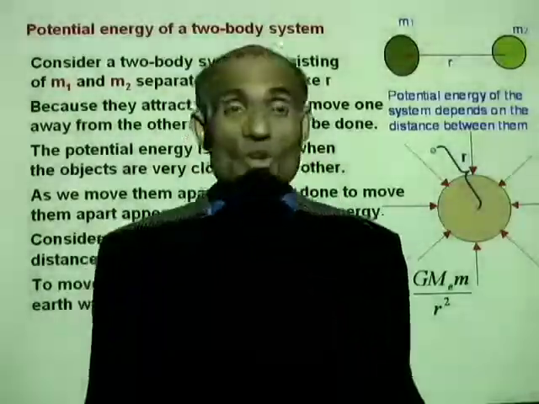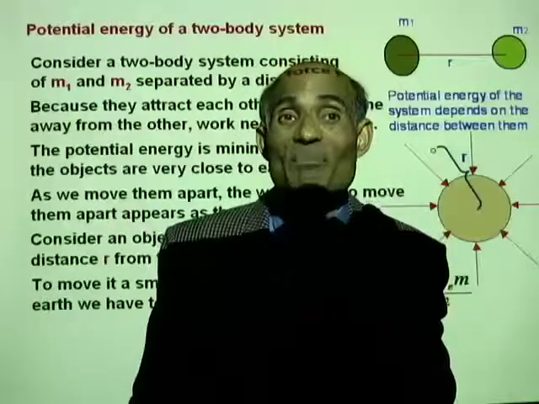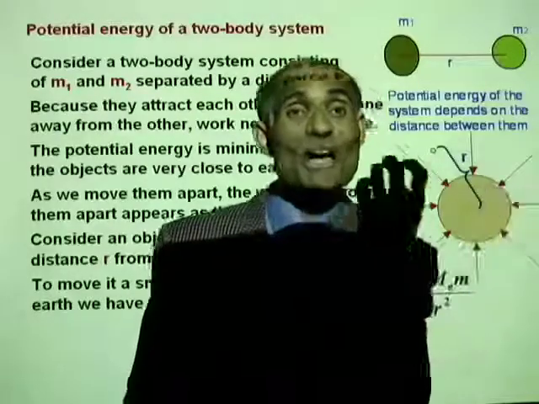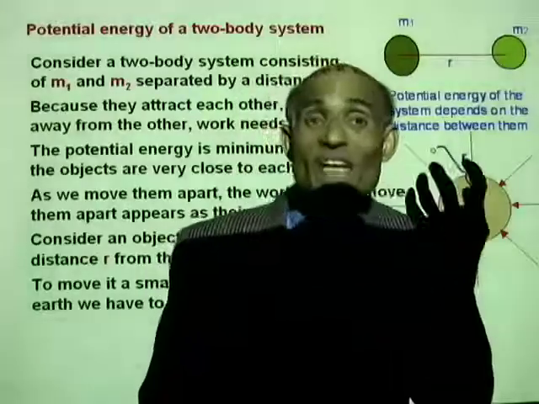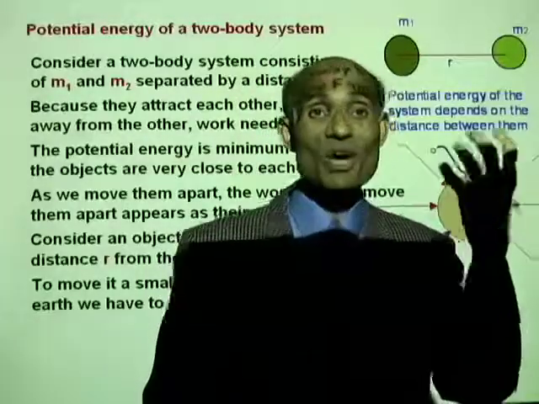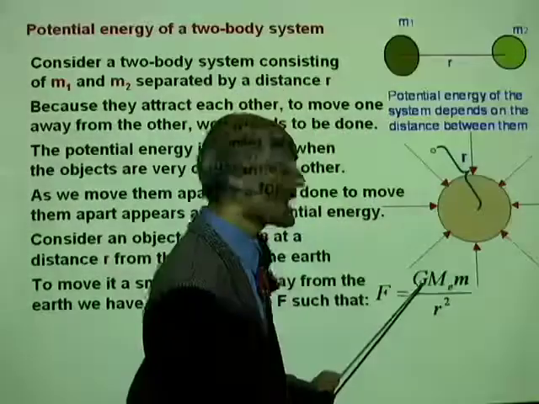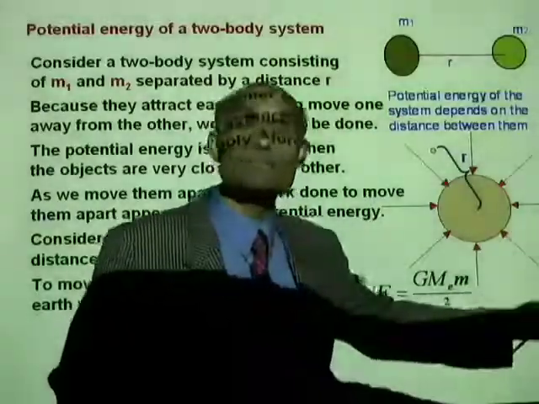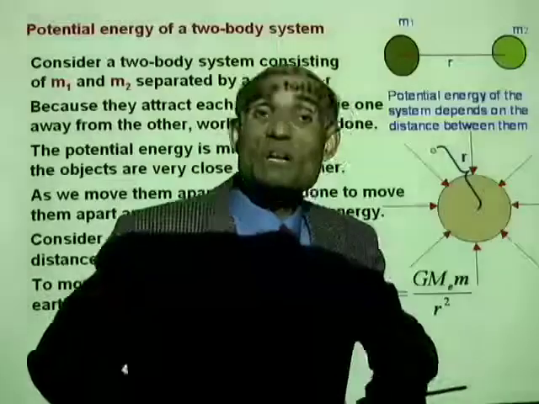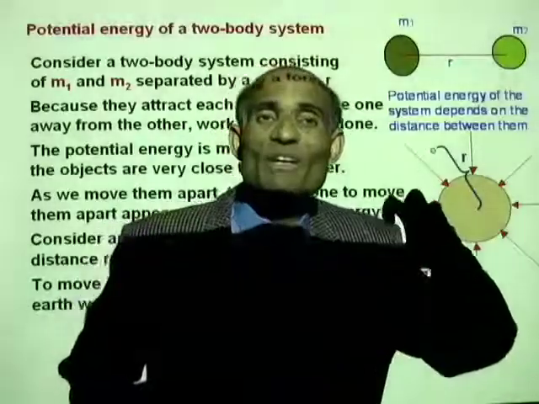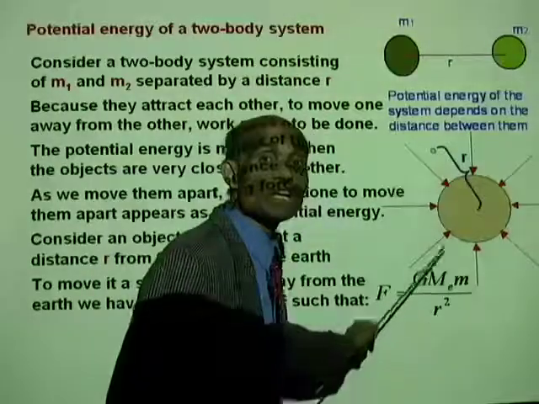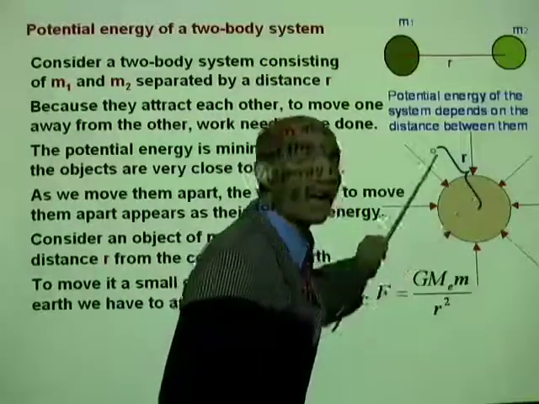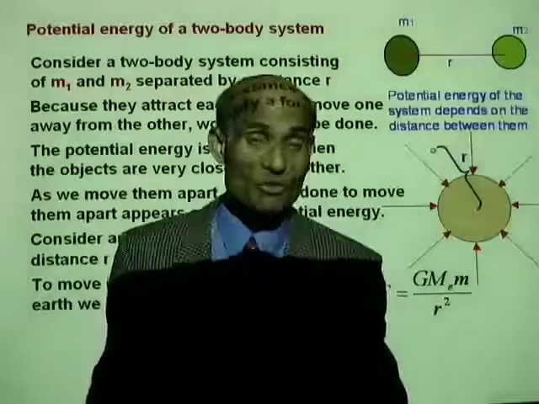Now, we talked about work done by a constant force and work done by a variable force. It is easy to calculate the work done by a constant force. You simply multiply the force by the displacement. But it is much more difficult to find the work done by a variable force. The force of gravity depends on the distance r. It is a variable force.